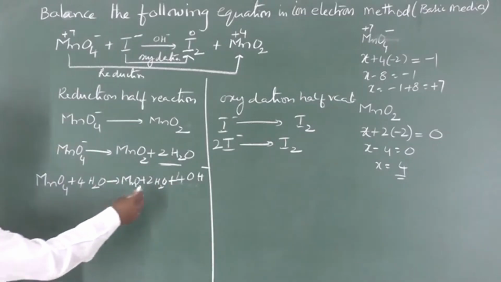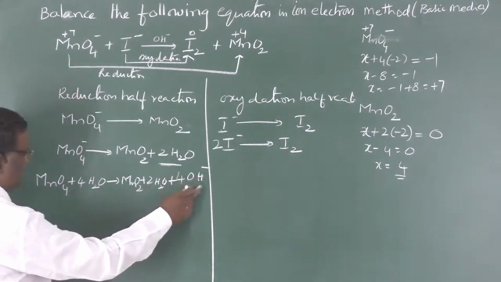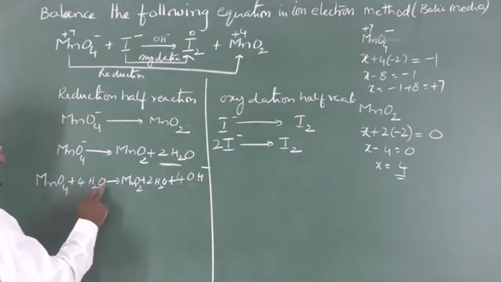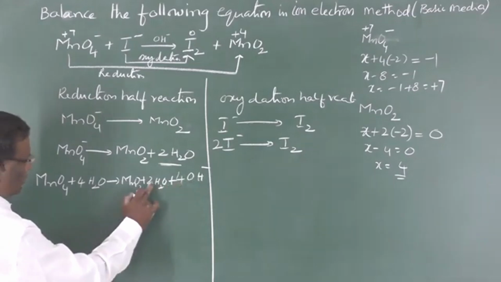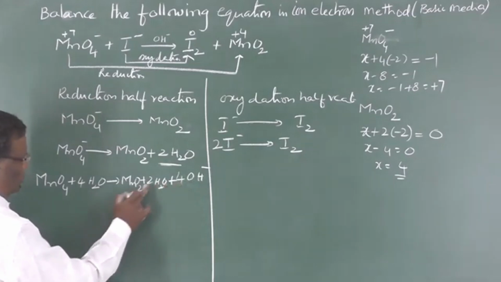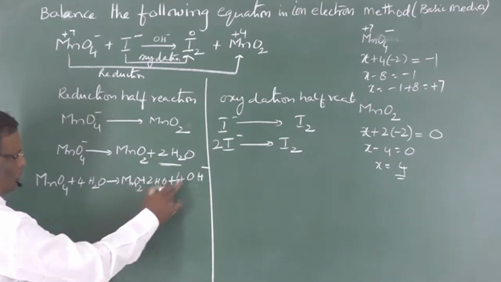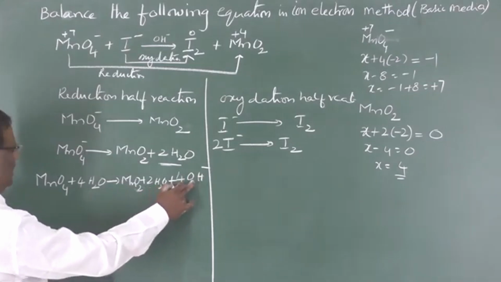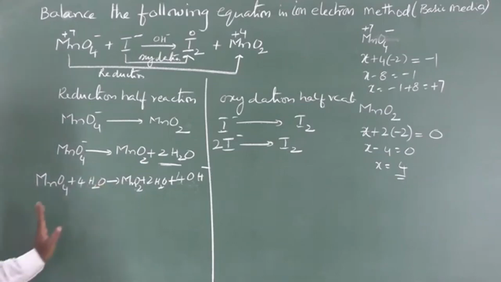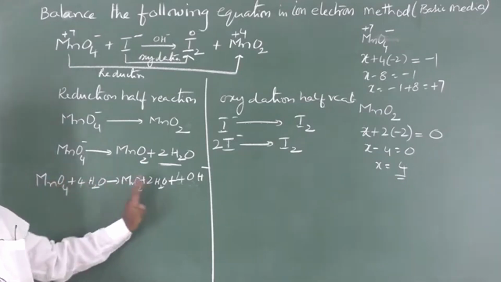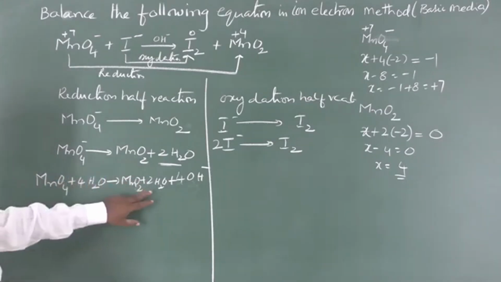So if you observe, 2 twos are 4, 4 plus 4, 8 hydrogens here, 8 hydrogens; oxygens, 2 plus 2, 4, 4 plus 4, 8. Here this side 4 oxygens and 4, 8 oxygens. So both oxygens and hydrogens are balanced. Now here similar terms are there.